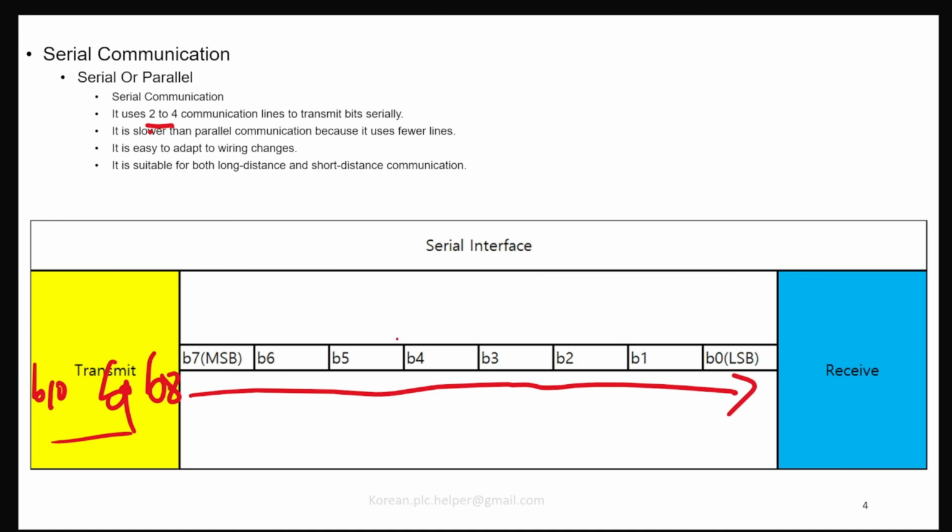As you can see, there is no communication method that is always better than every other method. There is only a communication method that is most suitable for a particular situation and its requirements.